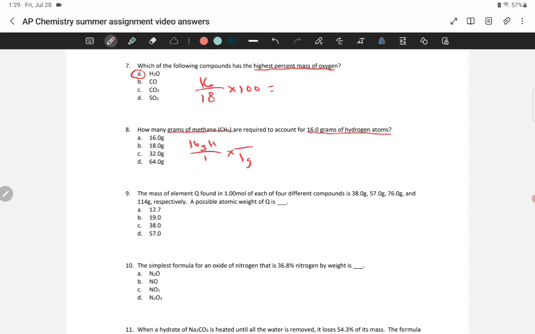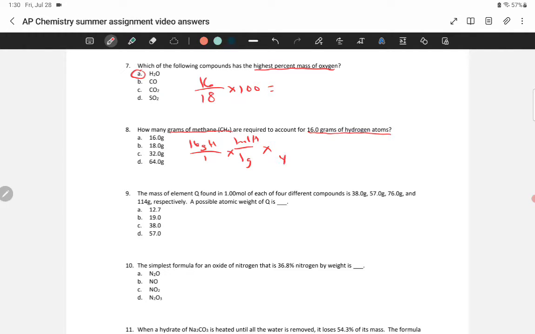If we're doing a multiple choice question, there's only 4 answers. I'll just use 1 gram instead of using all the decimal places that are on the periodic table for hydrogen or any other atom. And that would give us 1 mole of hydrogen. And then I'm going to convert that from moles of hydrogen to moles of CH4.